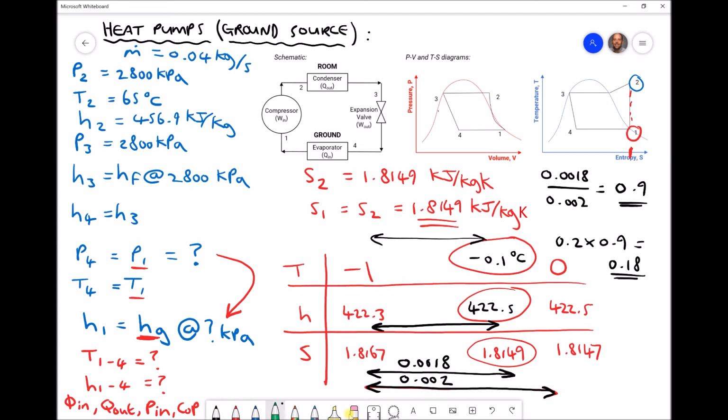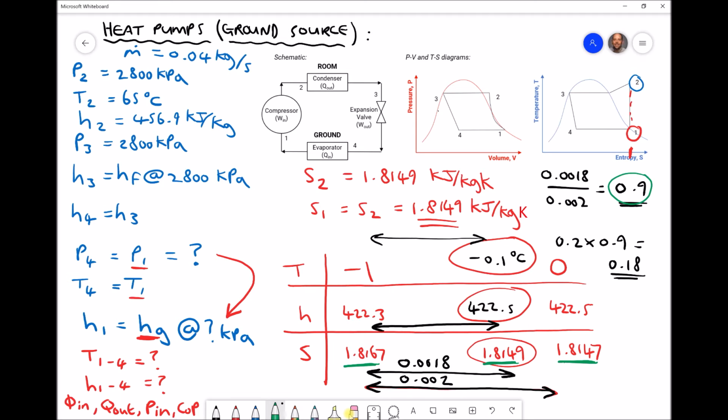Now, I appreciate that may seem a little bit complicated, but we had an entropy value at -1 degrees C, we had an entropy value at 0 degrees C, and our entropy value sat in between. What we then needed to establish is where it sat as a decimal between those two values. And we found that it sat 90% or 0.9 as a decimal along that continuum.